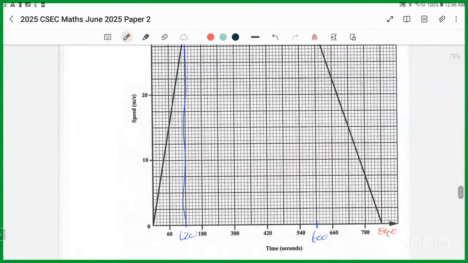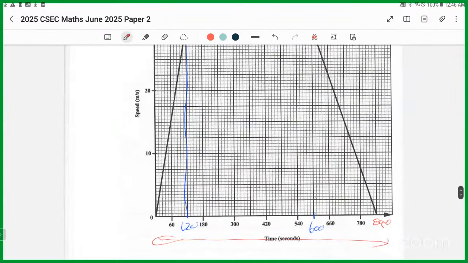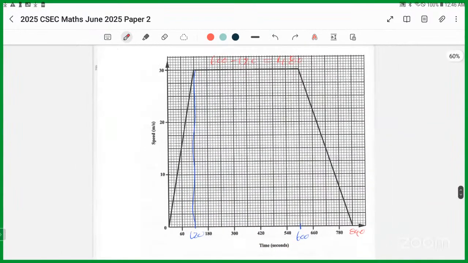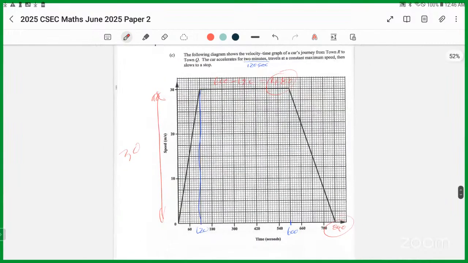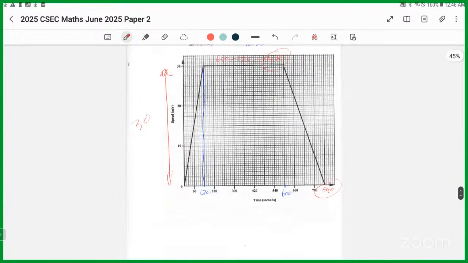That's the length of this side, 840. So 480 and 840 are the parallel sides, and 30 is the distance between them. Those are the dimensions we're looking for the distance traveled.